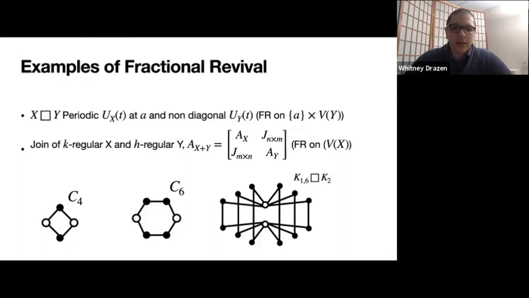And then we also have this K16 Cartesian product with K2, and all of these lower examples with the pictures have fractional revival on the two vertices that are white.